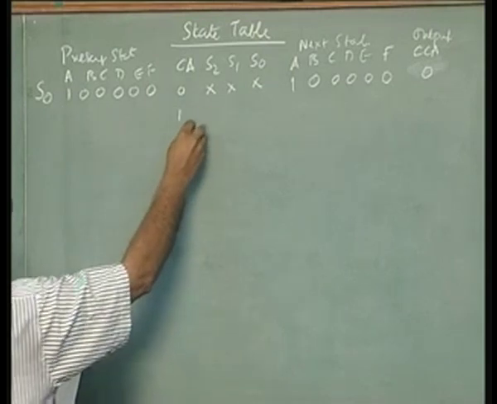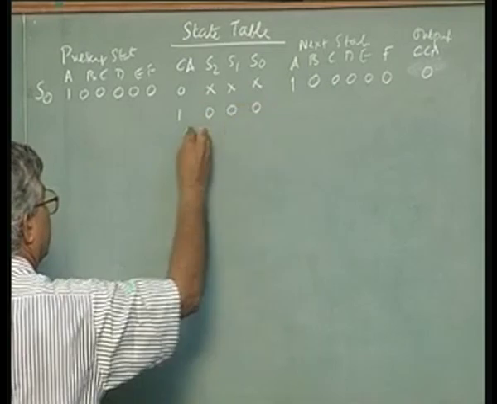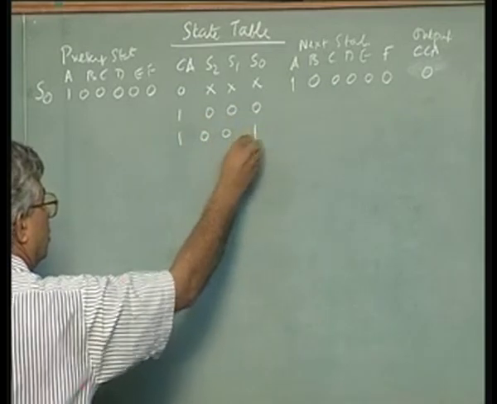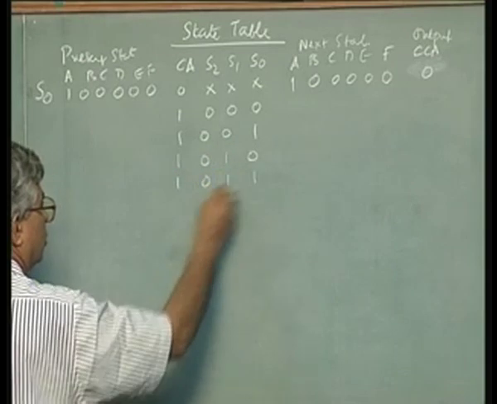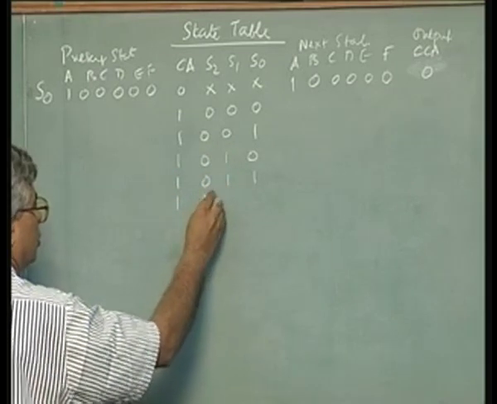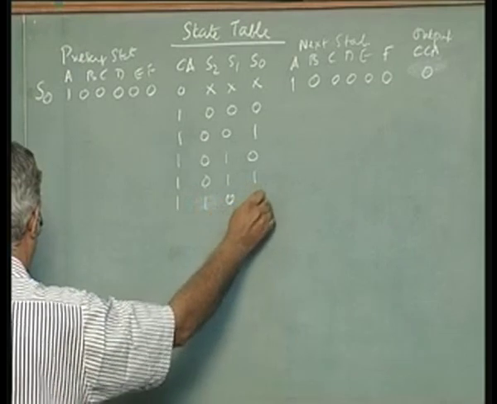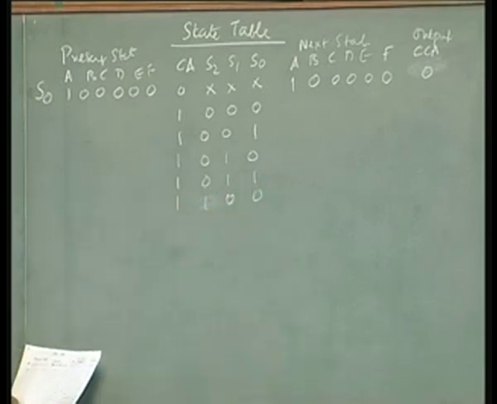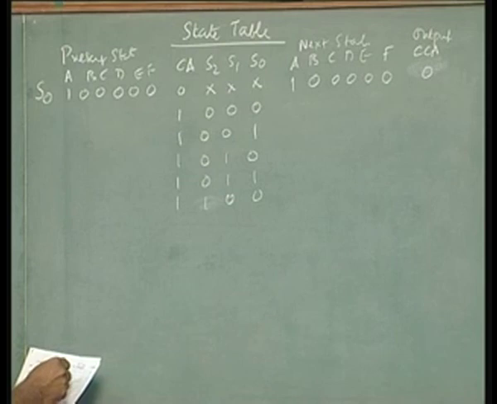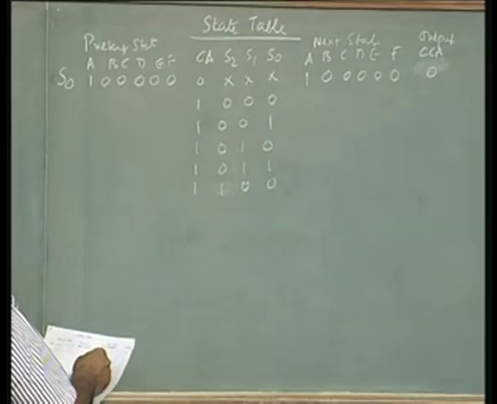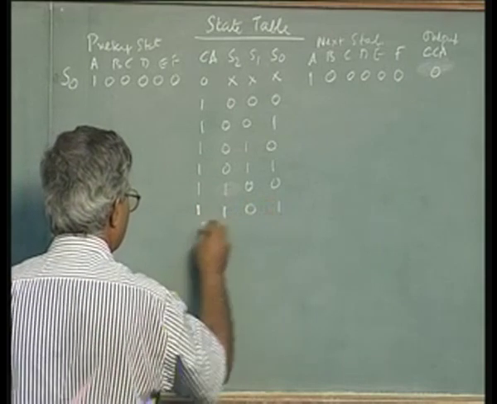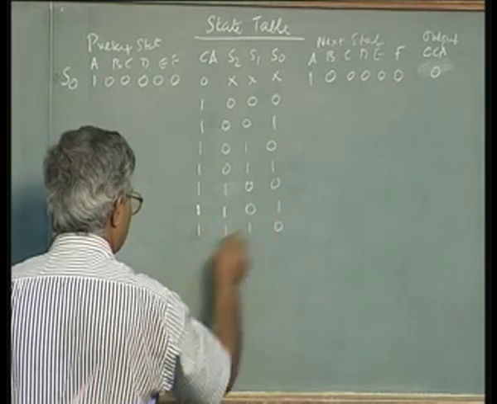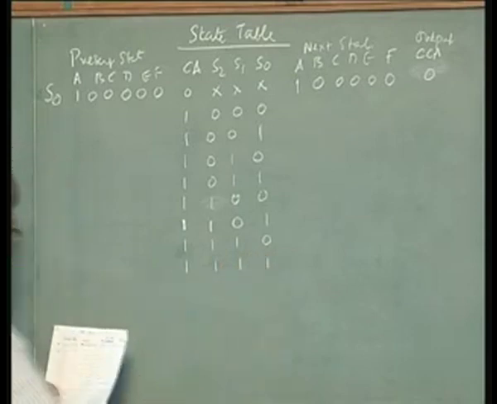CA is 1, then there can be 5 combinations. So 0 0 1, 0 1 0, 0 1 1, 1 0 0, and then 1 0 1, this is not going to happen.